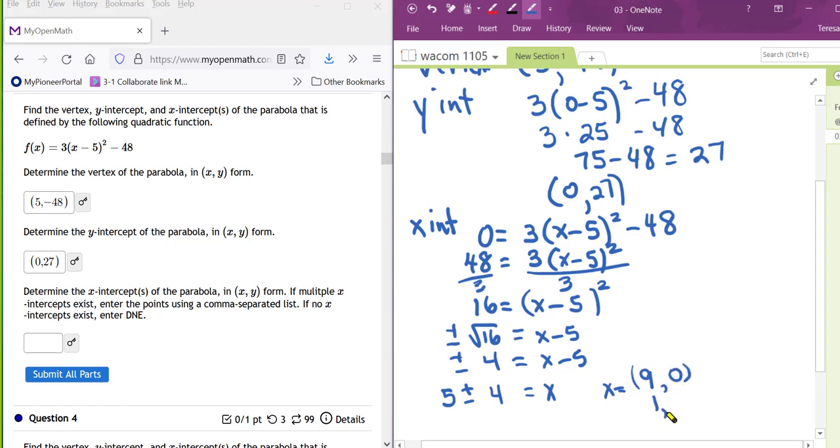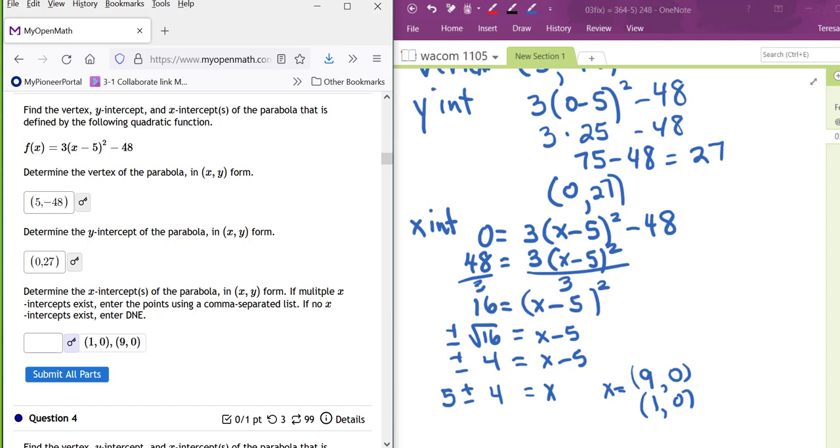So (9, 0) and (1, 0) are our intercepts. And we'll just look at the key: 1, 0, 9, 0. So we're good there. Sometimes that part can be hard. Let's look at the next one.